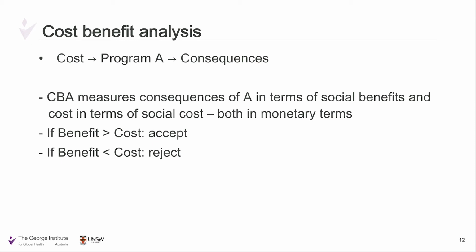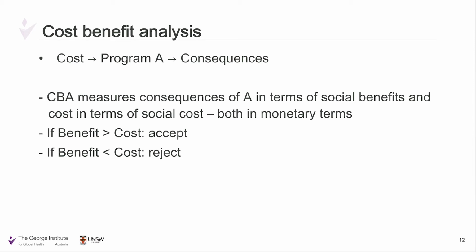So it enables us to boil down the decision in relation to funding or not funding a program on the basis of a simple comparison of the benefit versus the cost. And if the benefit's lower than the cost, we reject, and if benefit's higher than the cost, we accept.